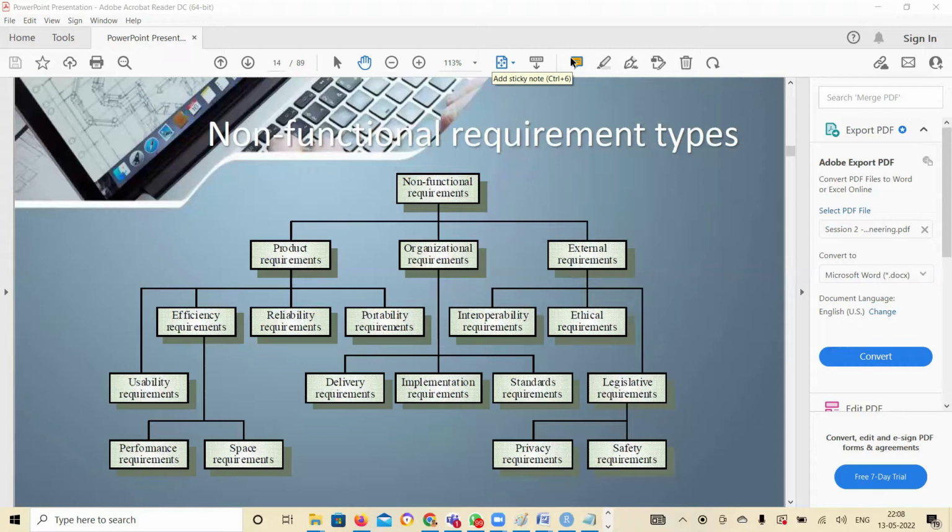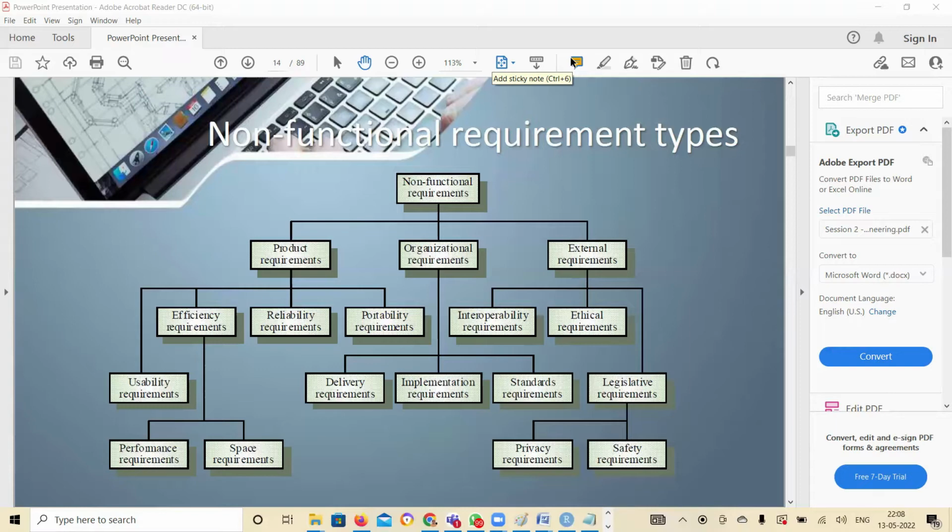When you say your product is reliable, that means it does not fail often. Something which fails often, we say is less reliable, right? Your system should be up and running. When you talk about cloud computing, they say the system should be up and running 99.99%. That's called reliability. Your system is not down, it is always available for you to use.